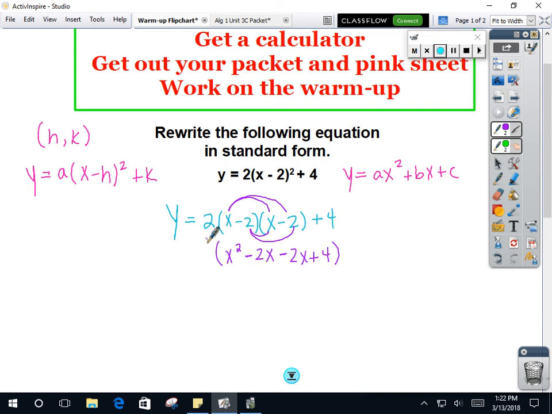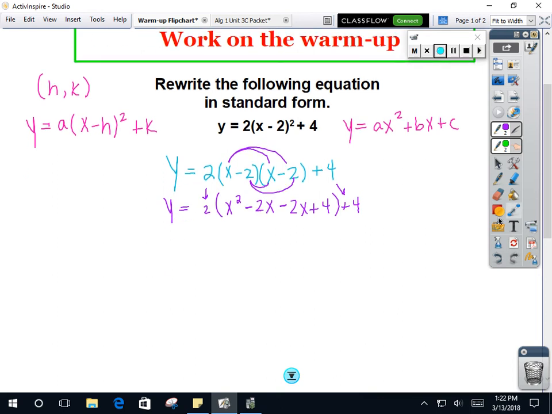Now I'm going to bring down this 2, and I'm going to bring down this plus 4. But I'm not ready to do anything with them yet, because what can I take care of first? Right, combining the like terms from where we double distributed. And that will become x squared minus 4x plus 4.